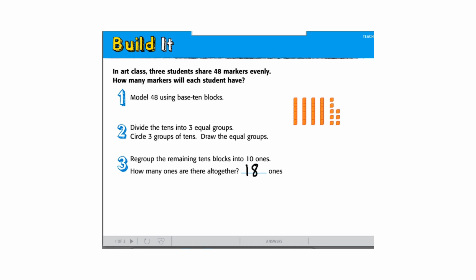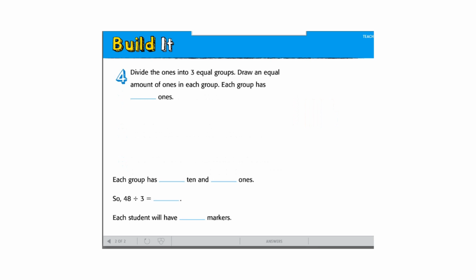So that goes in number 3. Then when we get to number 4, dividing the ones into 3 equal groups, each group has 6 ones. Each group has 1 10 and 6 ones, which makes 16. So each person gets 16 markers.